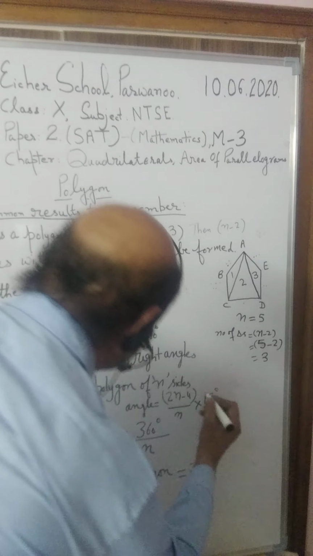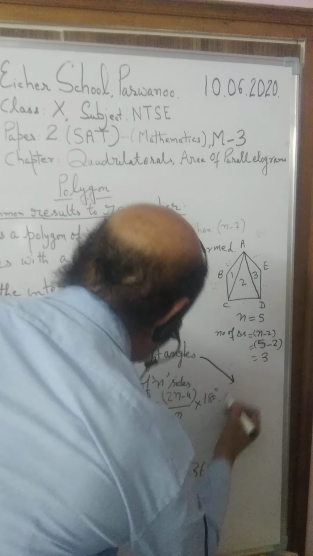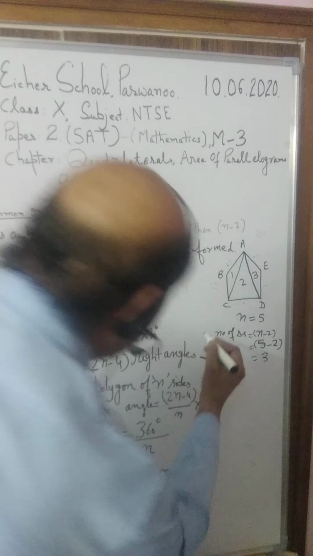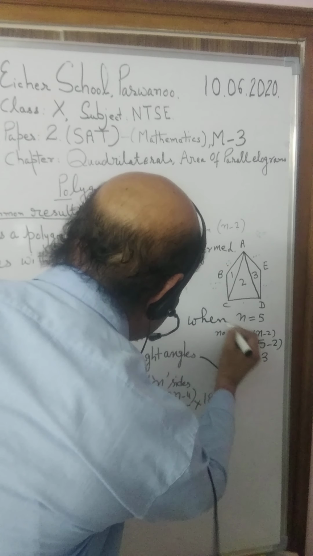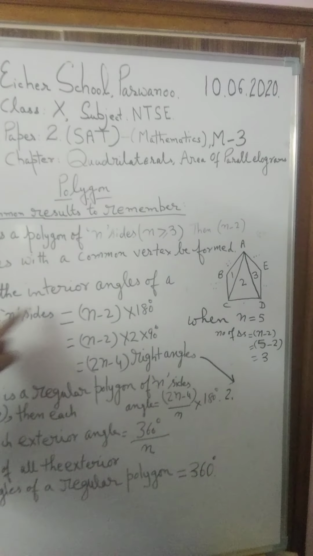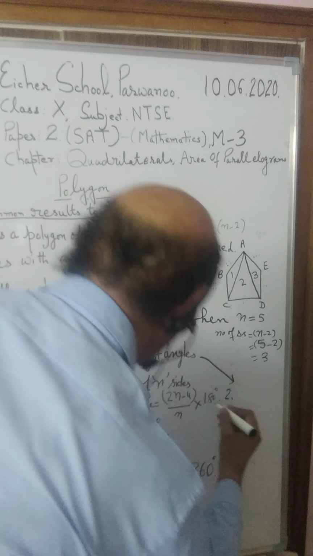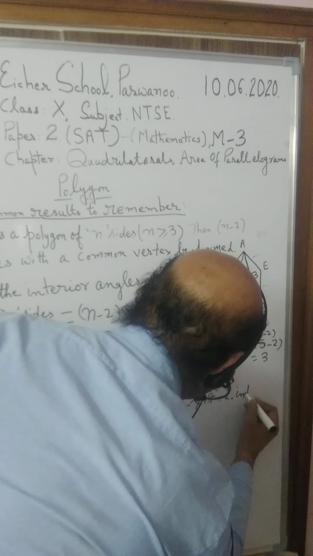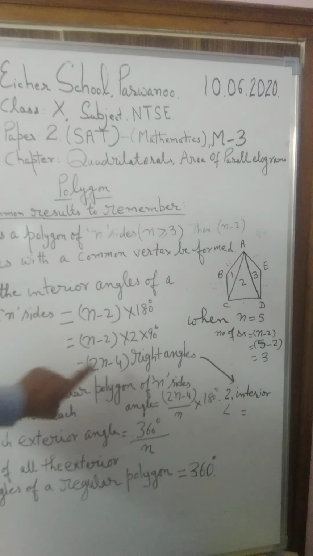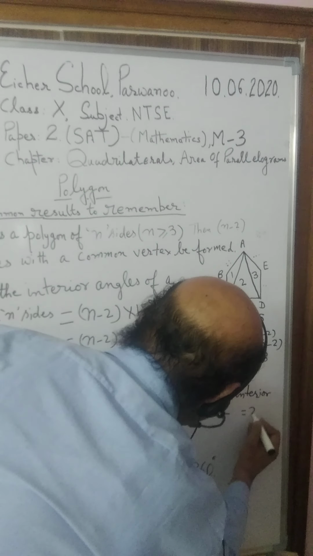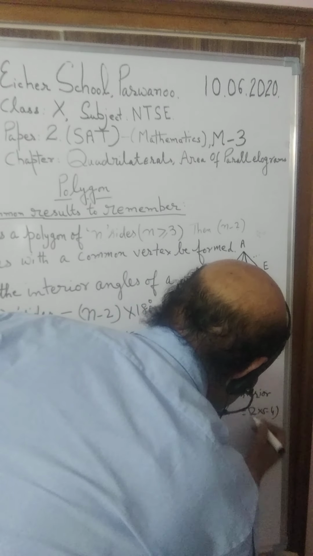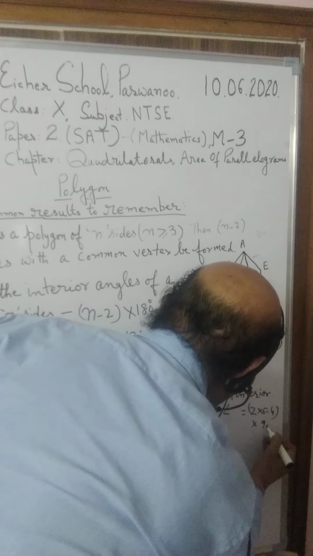Now for this one, again I am taking this very example when n is equal to 5. The second property says that the interior angle sum will be equal to 2 multiplied by 5 minus 4, and this we will multiply with 90 degrees.